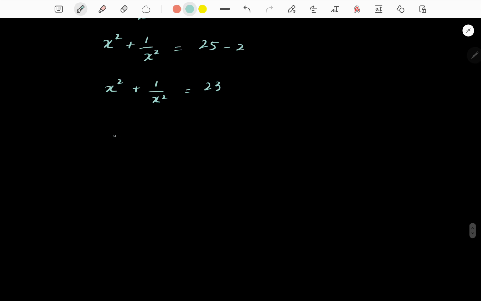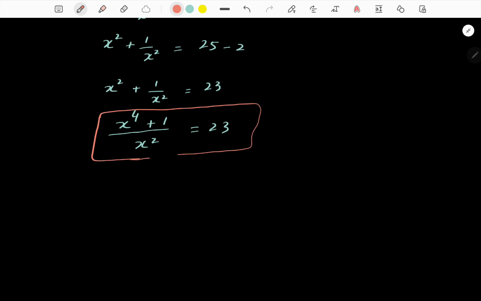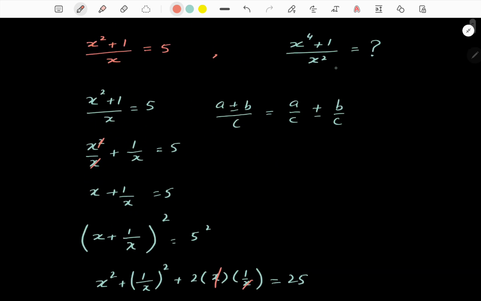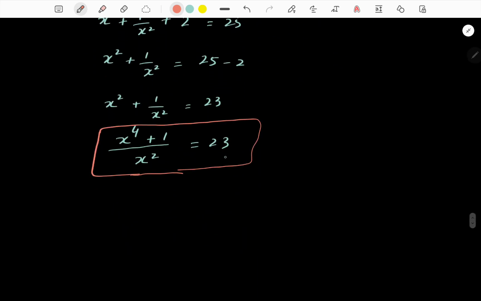Taking LCM on the left hand side, we have x square, this will become x4 plus 1 over x square is equal to 23, and which is the required answer which we have to find. This was the value which we have to find, and which is 23.